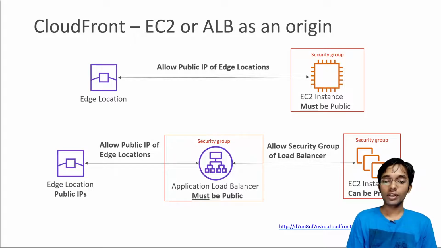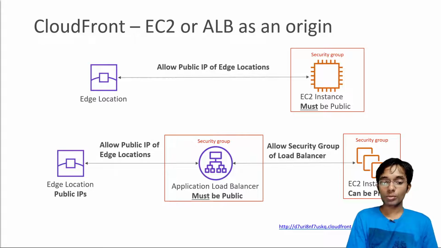Thankfully there is a link in the bottom right corner of this slide, which shows you all the public IPs of all the edge locations, and you have to enter all these public IPs into your security group, and it will allow your edge locations to reach your instances.